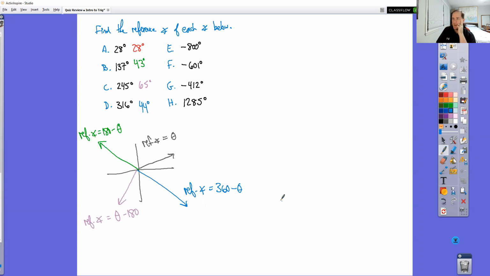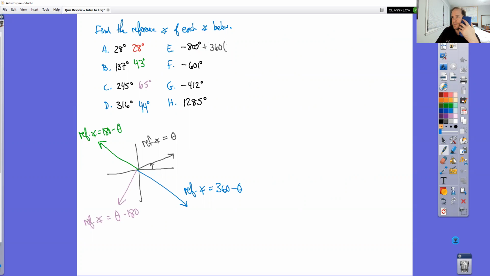So there's the deal. All those rules I just said that seemed so good only work when your angle is within the first rotation. So negative 800, we can't just use that same rule. So what would you do? I know what I'd do. I would add on multiples of 360 until I got my first positive answer. Then I could apply my rule. By the way, 2 of these is 720.